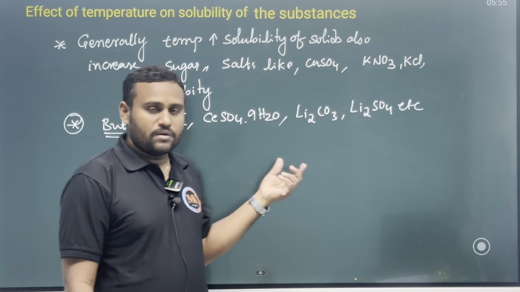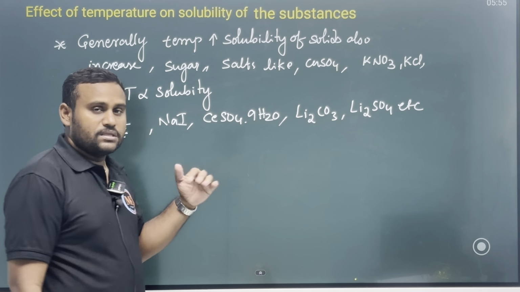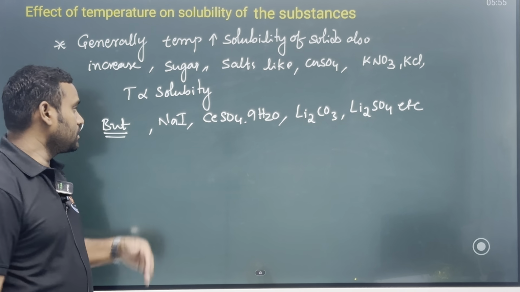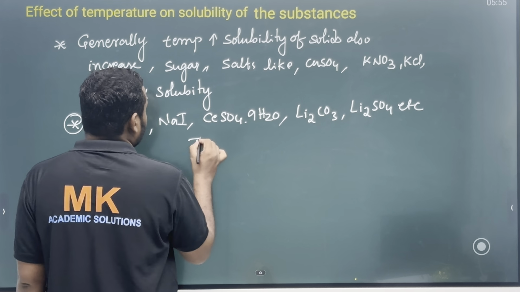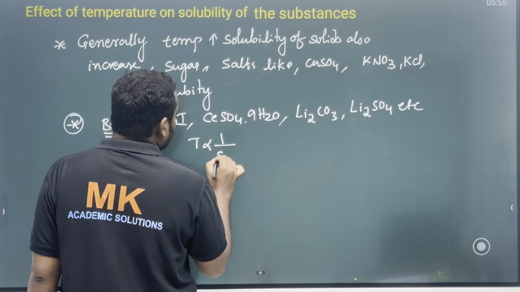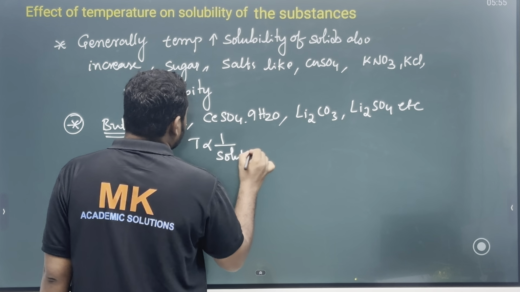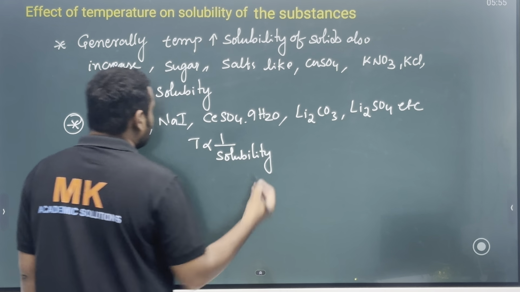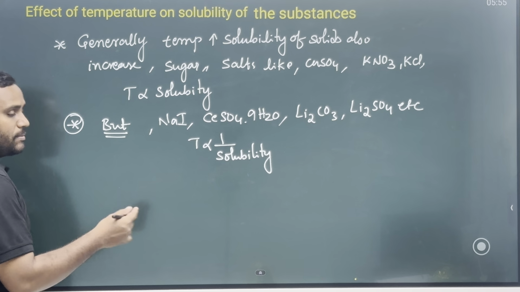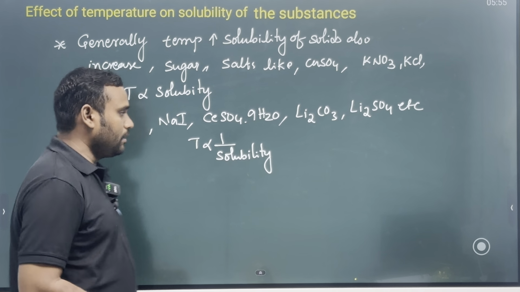So in case of exothermic process the solubility decreases on increasing the temperature. So here temperature is inversely proportional to solubility. Okay, this is also some of the applications of Le Chatelier principle.